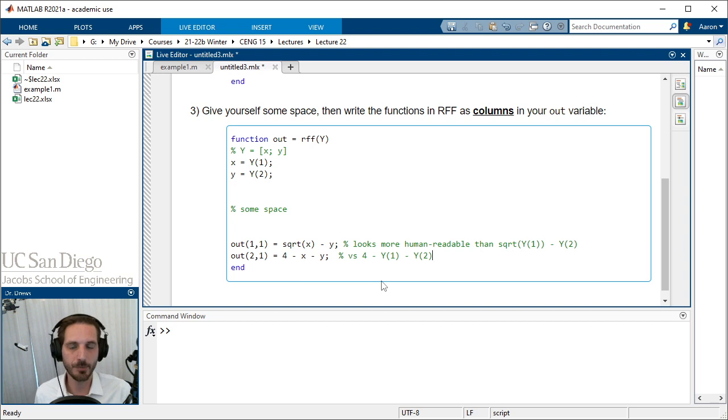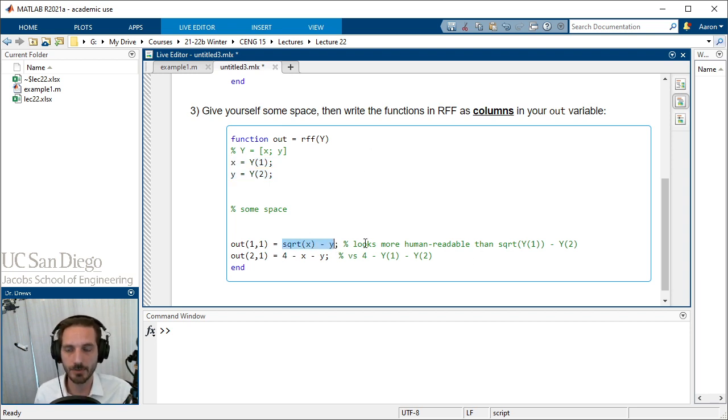The problem with both of those is not that Matlab doesn't understand how to interpret them or that it would interpret them incorrectly. It's that if I come back and debug this, every time I look at y of 1, I have to make a mental substitution and say, did I actually get x here? Is that supposed to be x or is that supposed to be y? And did I get the right value? Here I've sort of offloaded that process up at the top of my script and said, if I can just guarantee I do it once up here, now I can just think about x instead of the indexing process.